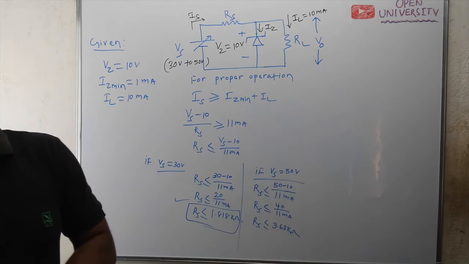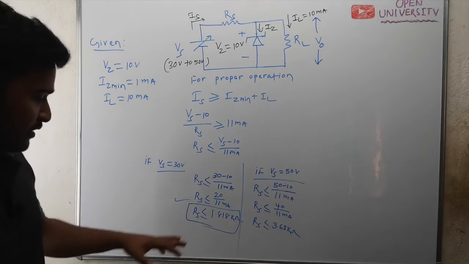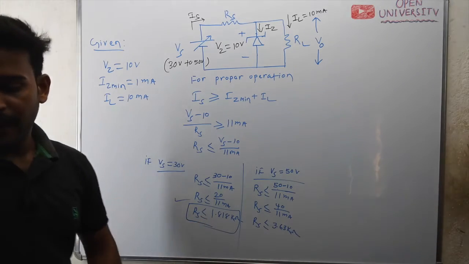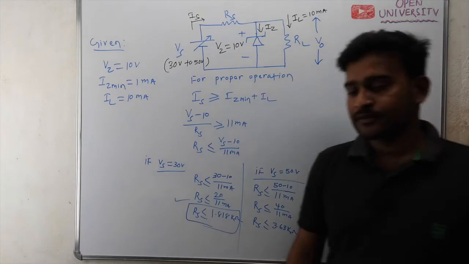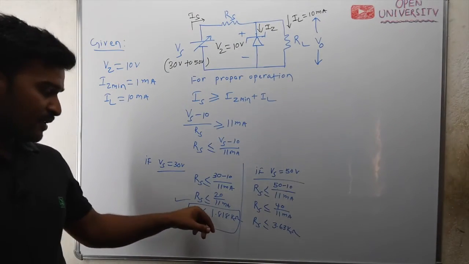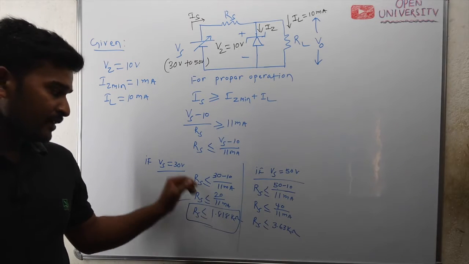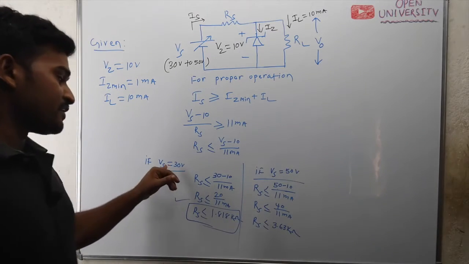So write down this point. In Zener diode regulator, maximum RS is calculated, this is your maximum, because this sign is given. Maximum RS is calculated by considering minimum supply voltage.